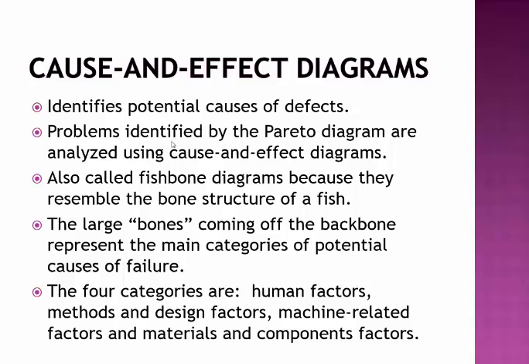What machine-related factors could cause that defect? What material or component factors could cause that defect? And then plot them all out and try to figure out what it is that's actually causing the defect, the fuzzy and unclear copies.